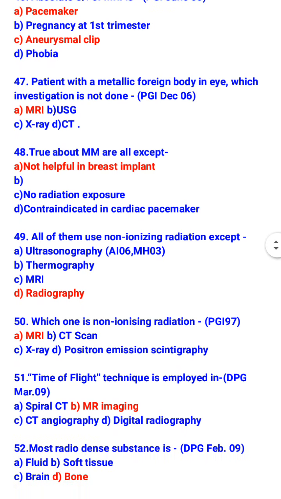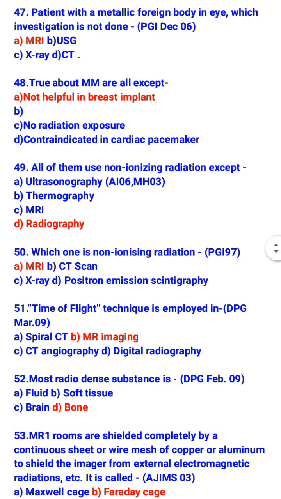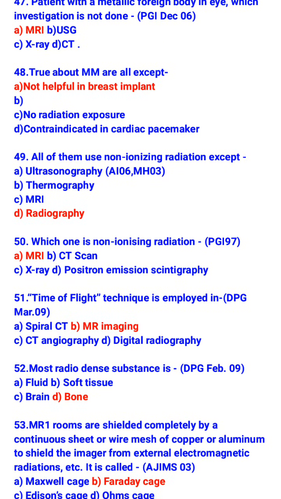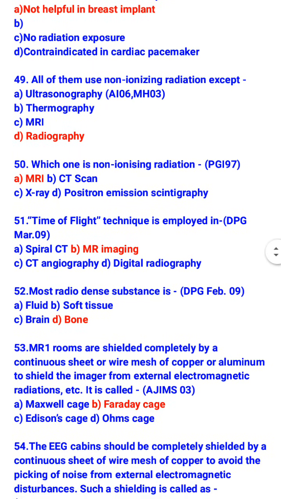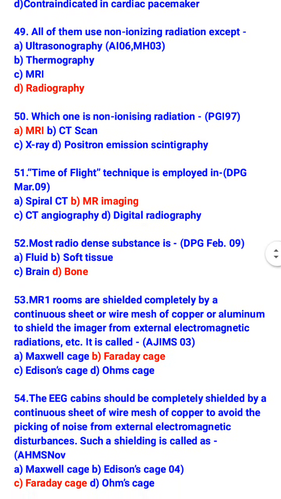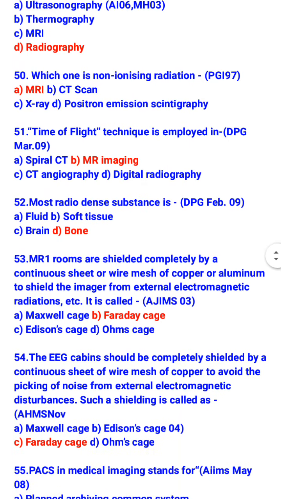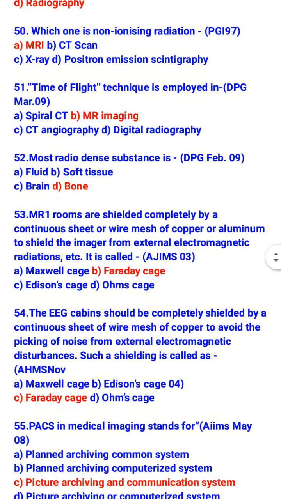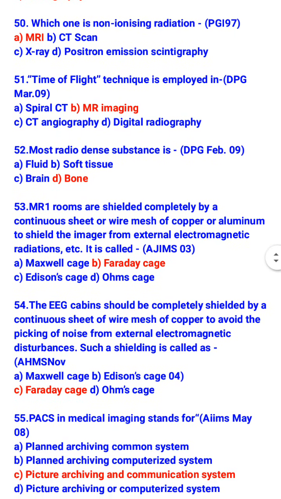All of them use non-ionizing radiation except radiography. Which one is non-ionizing radiation? MRI. Time of flight technique is employed in MR imaging. Most radiodense substance is bone. MRI rooms are shielded completely by a continuous sheet or wire mesh of copper or aluminum to shield the imager from external electromagnetic radiation.